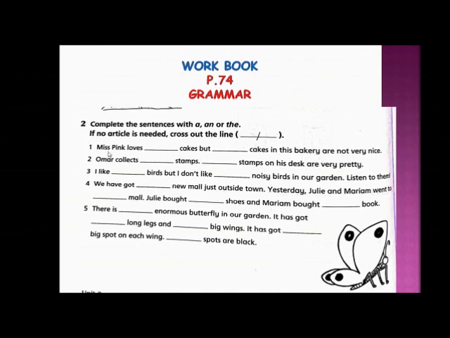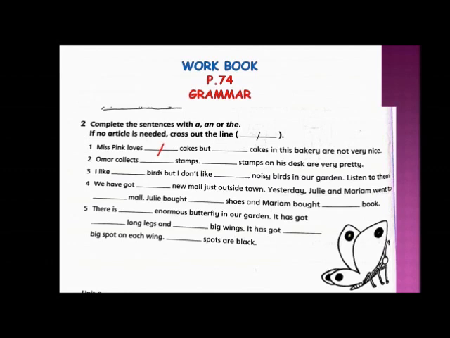Let's read number 1. Miss Pink loves cakes, but the cakes in this bakery are not very nice. So Miss Pink here loves any cakes. Here we have a plural noun. So can we put here a or an? Of course not, because it's a plural noun, and I told you we don't use a or an before the plural noun. So here I am not going to put any article.